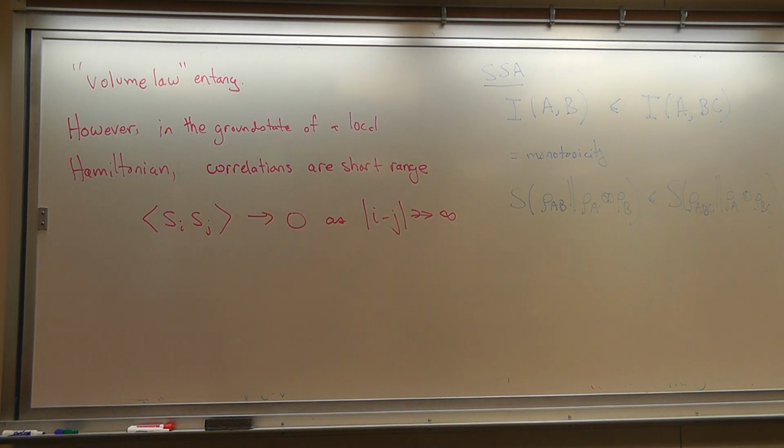In other words, in the ground state of the local Hamiltonian, a spin is only entangled with nearby spins. That's what this indicates in terms of entanglement.